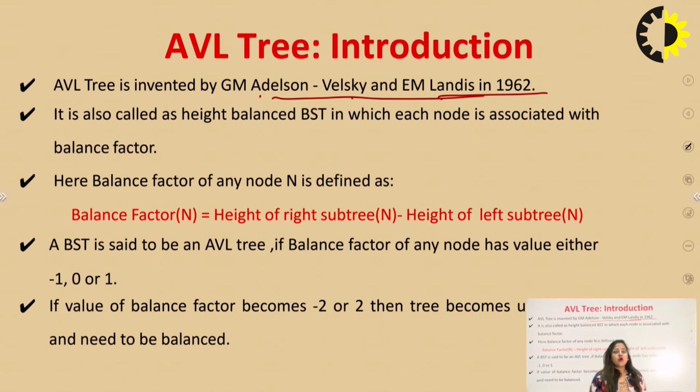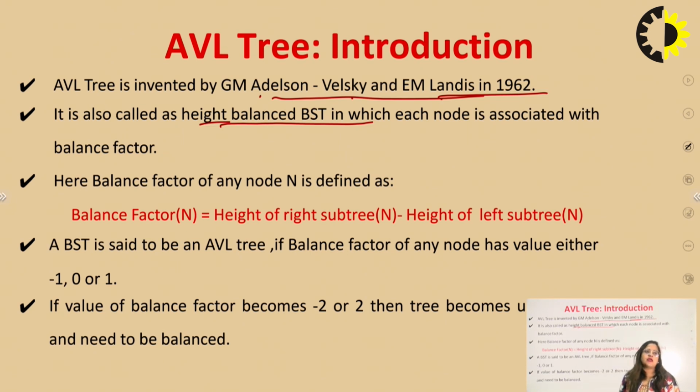And next it is also called height balanced, because the BST limitation is time complexity of order of H. So it removes this problem, so it is called a height-balanced BST, in which each node is associated with a balance factor. Means in AVL we find the balance factor.